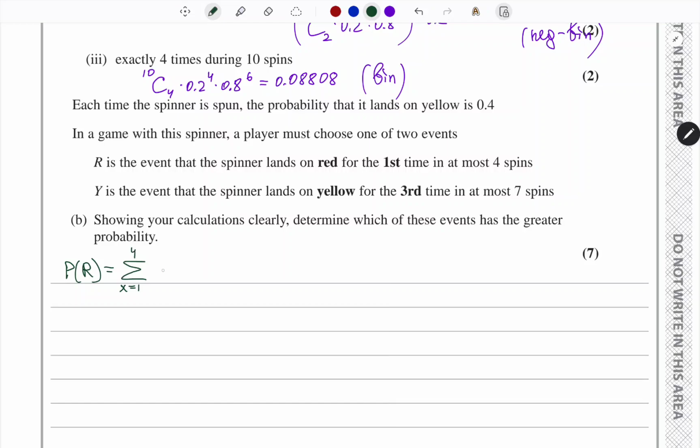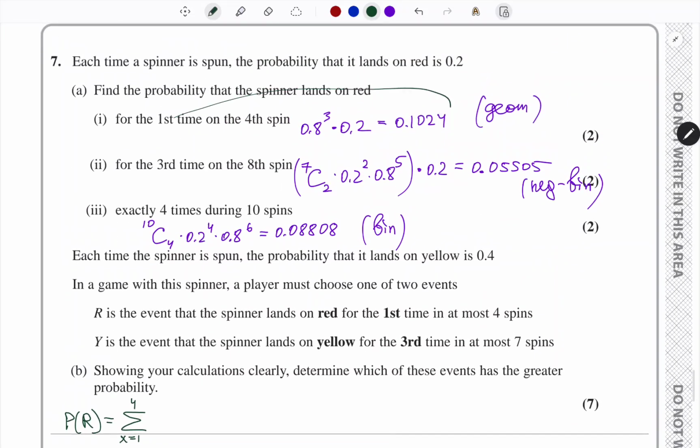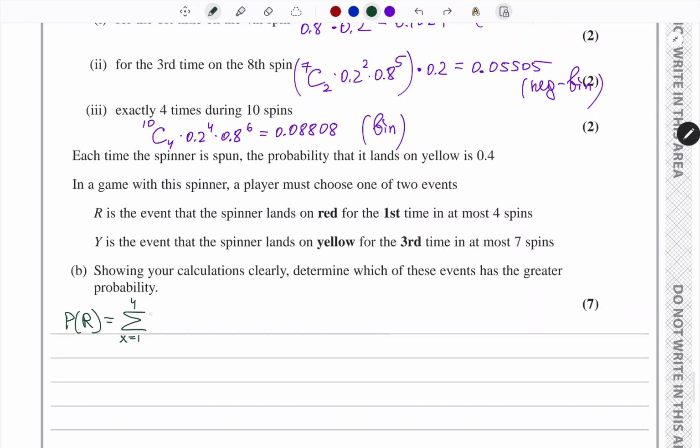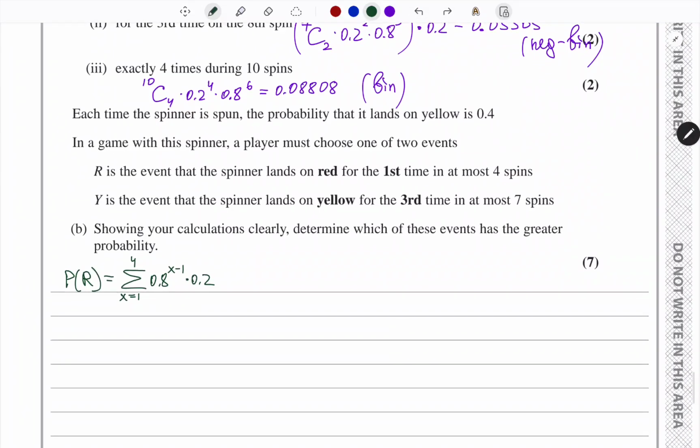It runs from 1 to 4, and each time, like we calculated in part A, it's 0.8 to the power of x minus 1 times 0.2. Yep, so this is the geometrical probability in the case when x attempts will happen. So I use my calculator, it's 0.5904.